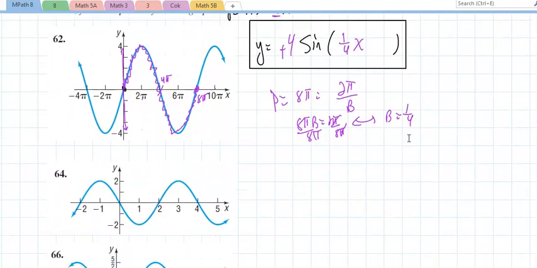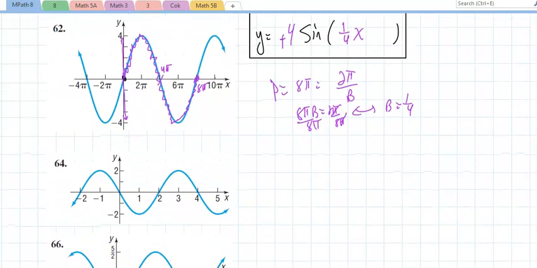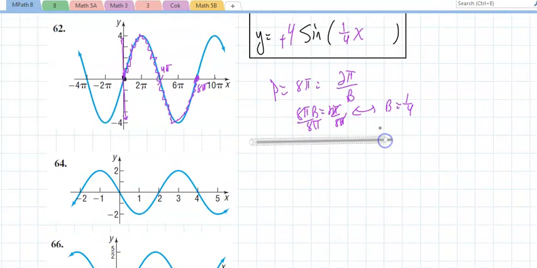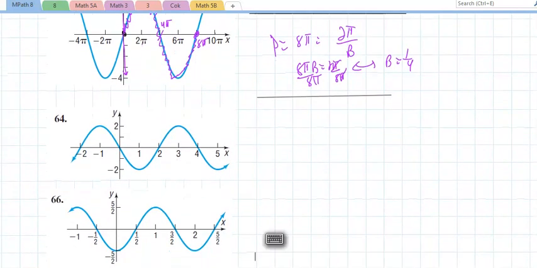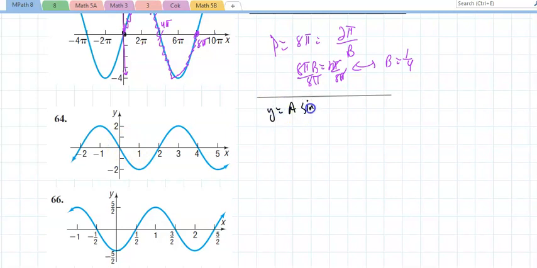If I look at the next problem, same deal. I would look at the next problem and say, alright, let's see. This is a sine, so y equal a the sine of bx. I need a. Well, hey, how do I find a? That's not bad because a is how far up and down you run, 2. So this is twice. But I notice the graph is reflected, so it's negative.